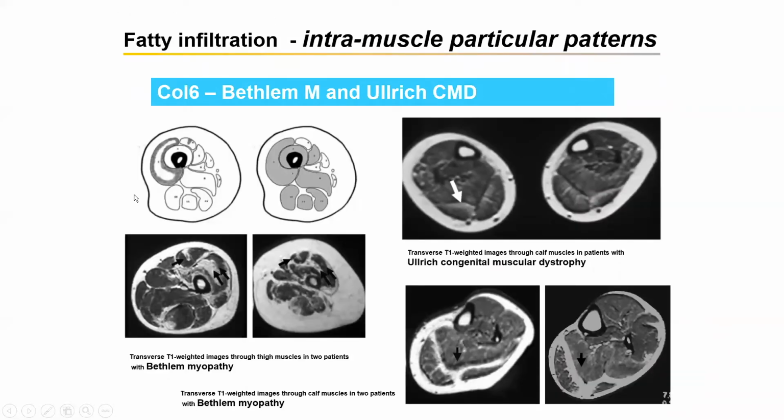We've already mentioned the collagenopathy, which is easy to recognize because of the so-called tigroid fatty infiltration, particularly in the vastus lateralis, also in the deltoid if you do the upper limb. Also the droplet sign in the rectus femoris, and in the gastrocnemius, this centripetal fatty infiltration.